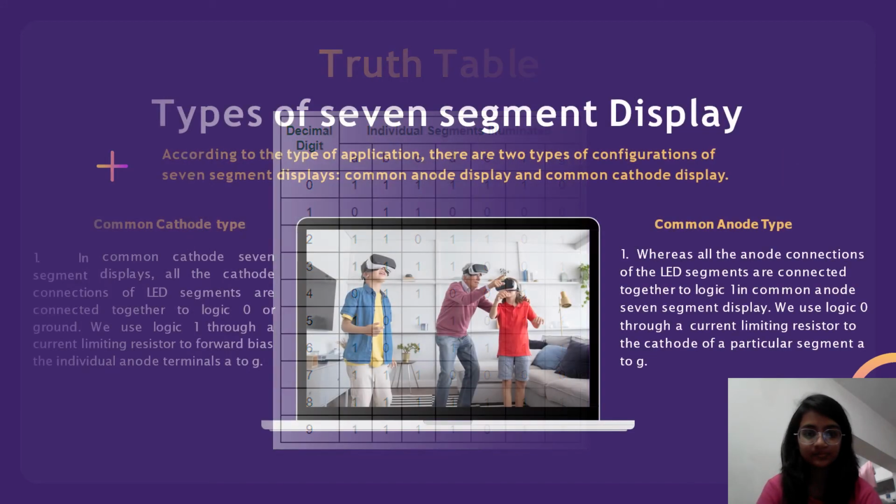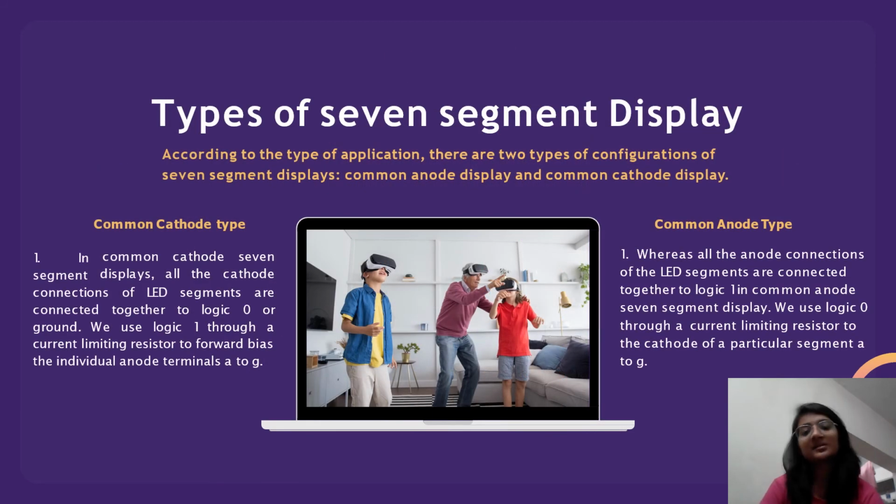So let us see the types of 7-segment display. According to the type of application, there are two types of configurations of 7-segment displays, that is common anode display and common cathode display. Common cathode type: in common cathode 7-segment displays, all the cathode connections of LED segments are connected together to logic 0 or the ground.